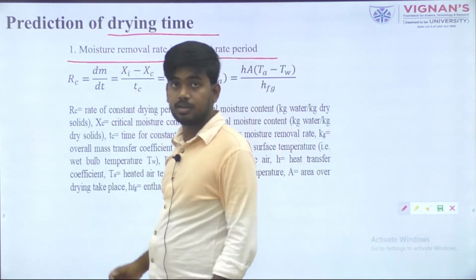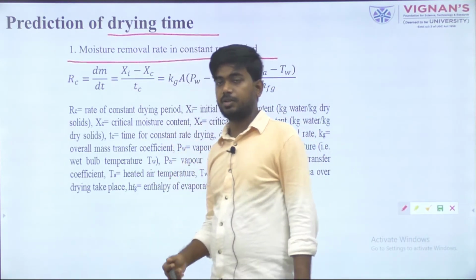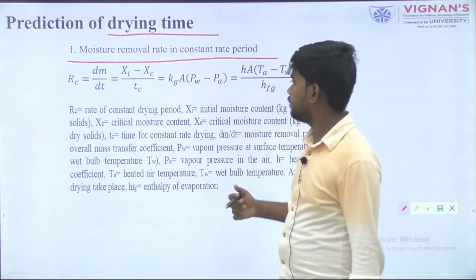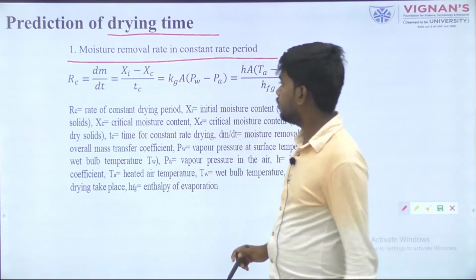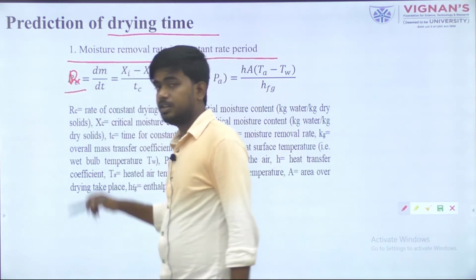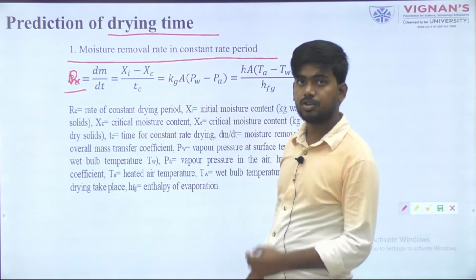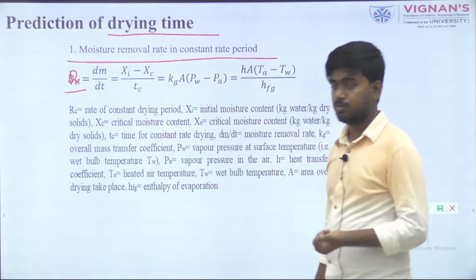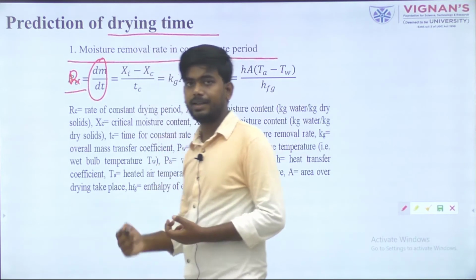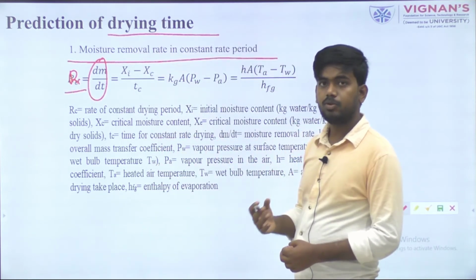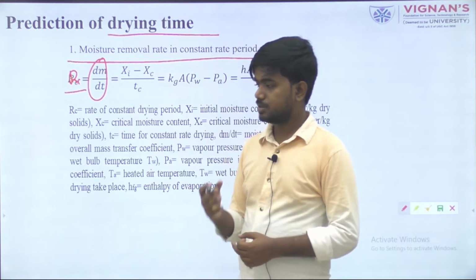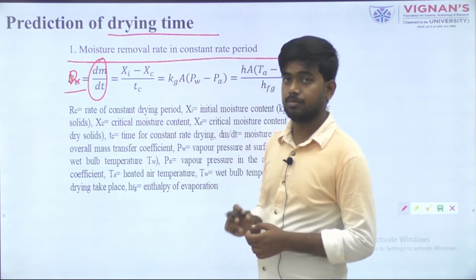How do we calculate the amount of moisture that we can remove in the constant rate and falling rate periods? What are the equations for that? Here Rc is defined as the rate at which moisture is removed, which we can present as dm/dt. M means the amount of water removed by this process, and t means with respect to time.